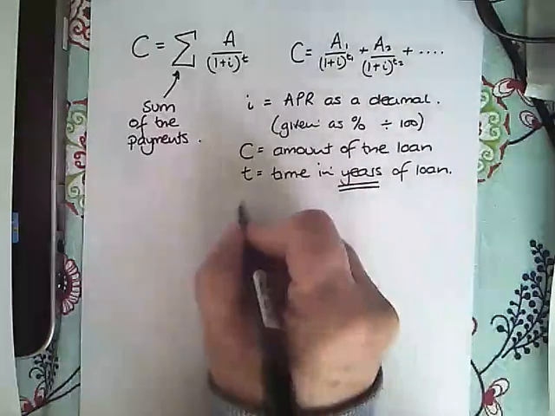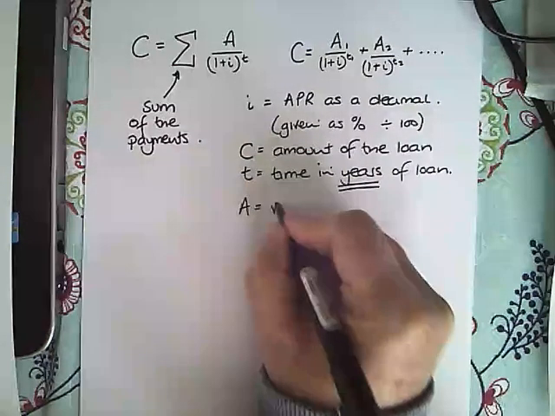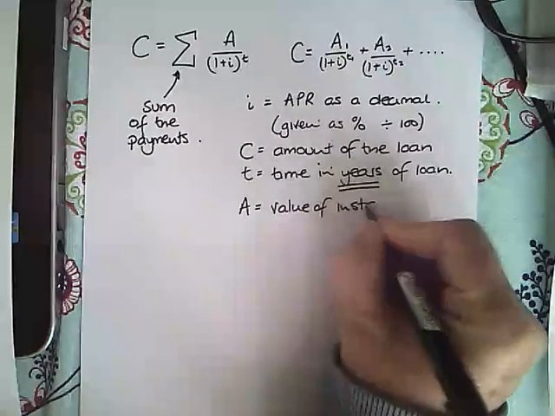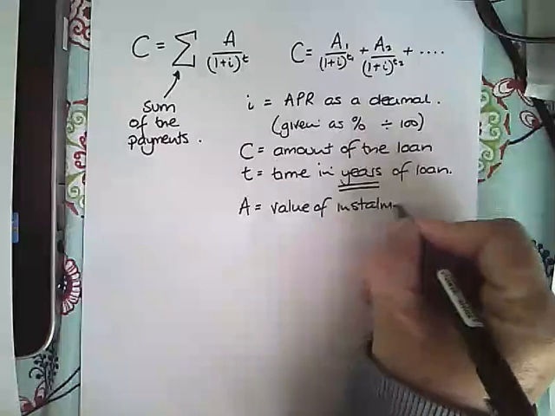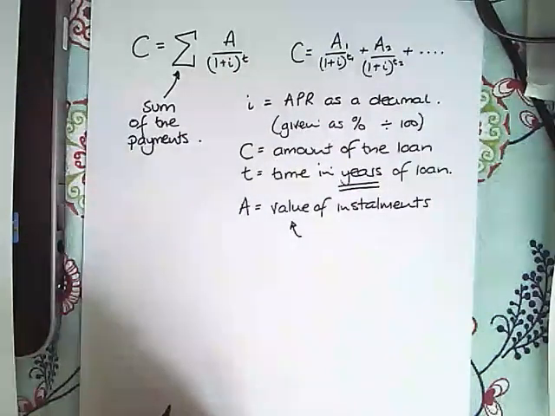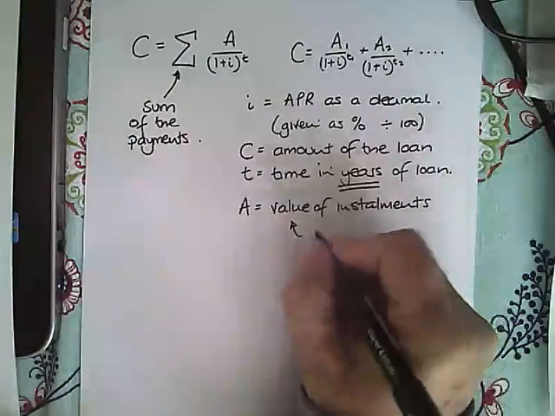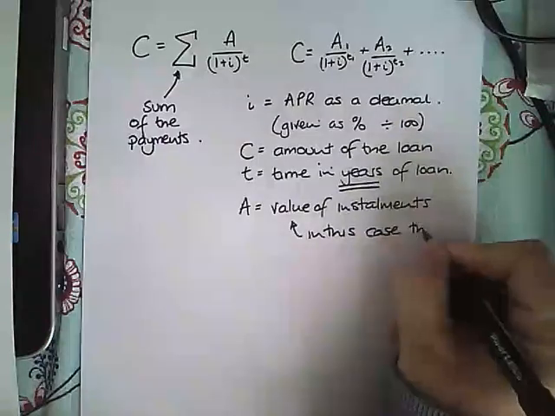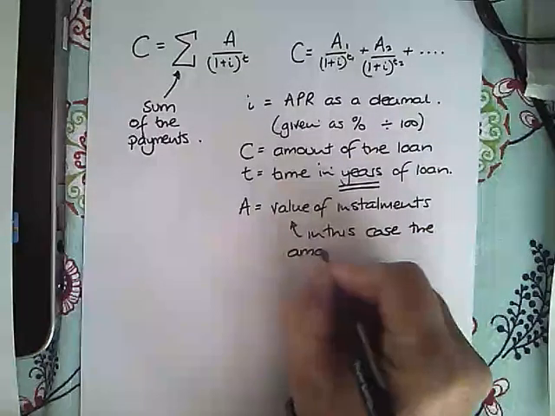And A is the value of the instalments, and in this case, that is going to be the amount we pay off to settle the loan at the end. So in this case, the amount to settle the loan.